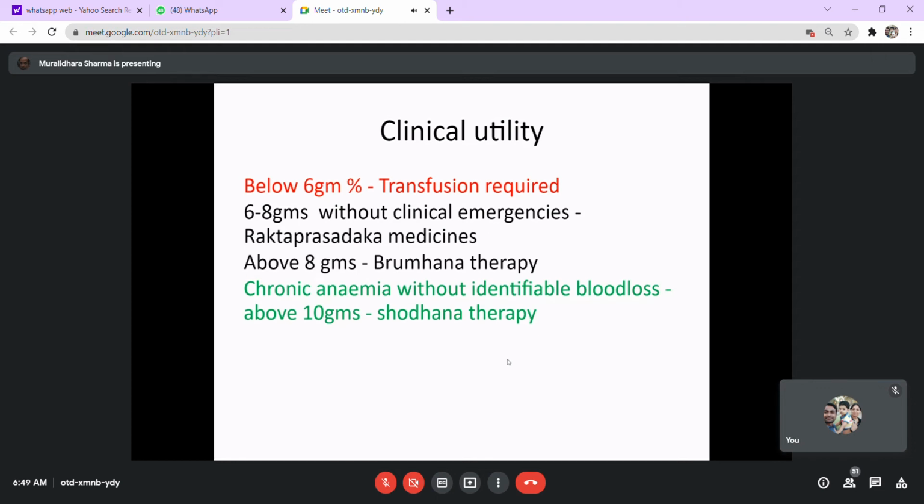If it is above 8 grams but still less than the normal value, then you need to have a Brahmana therapy, which could be what we call tonics. Now, this is a general approach to the treatment of Panduroga in general. Of course, more specificity, we will come to next.